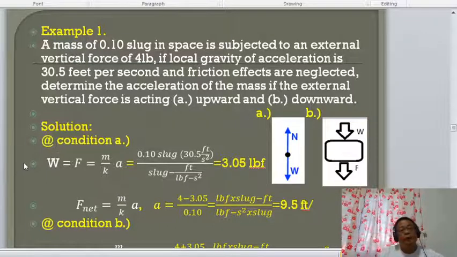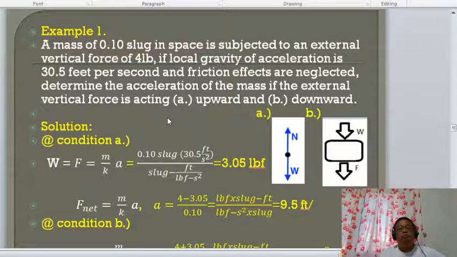And using the equation on the second law of Newton, take note that the direction of the force in the first condition is upward. And of course, the weight of the body or the mass is always in the downward direction. Take note that weight is always towards the center of the earth.